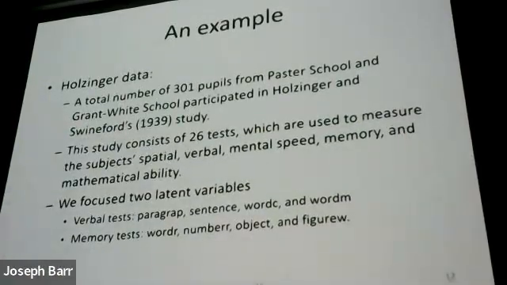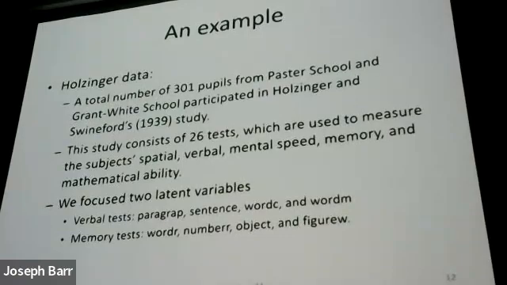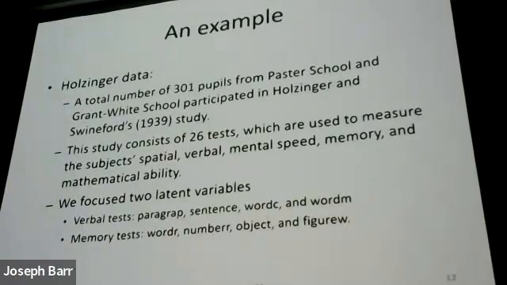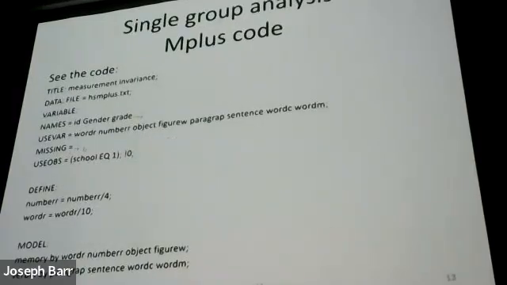Verbal test and memory test. So we have 4 here, we only have 8 tests in this example. The original data has a large number of variables, and we're going to take these 8.